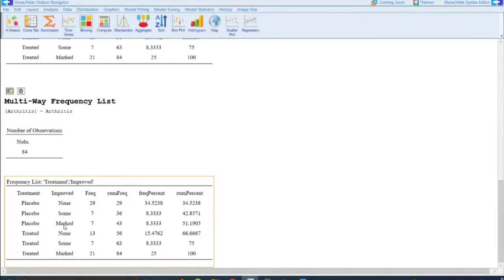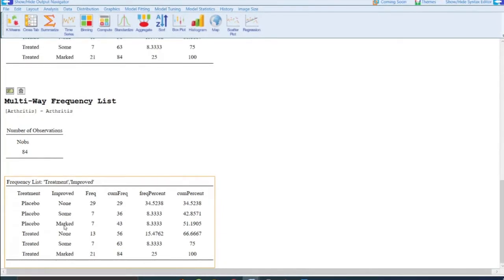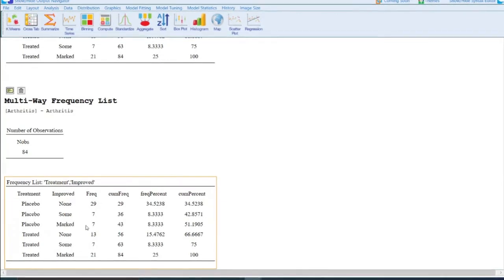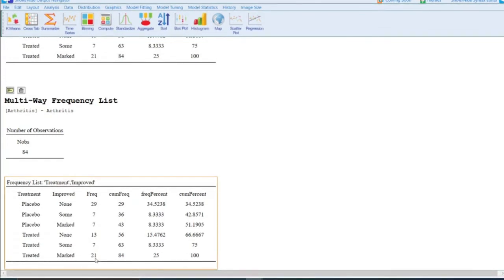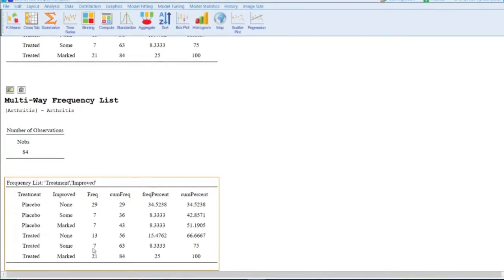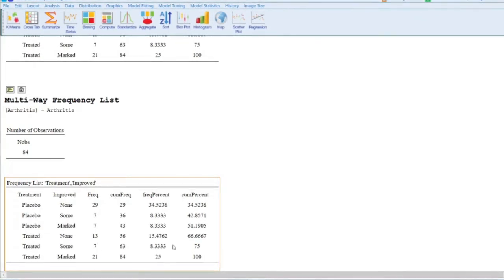And marked improvement, which means without giving any drug, the people that were not on the drug improved at 7, which is also 8.3%. On the other hand, for the people who were given the drug, marked improvement is 21, which is almost 25%. And then you can see here the cumulative percentage: the frequency is 21, some improvement 7, and no improvement 13, and the percentages are given also.